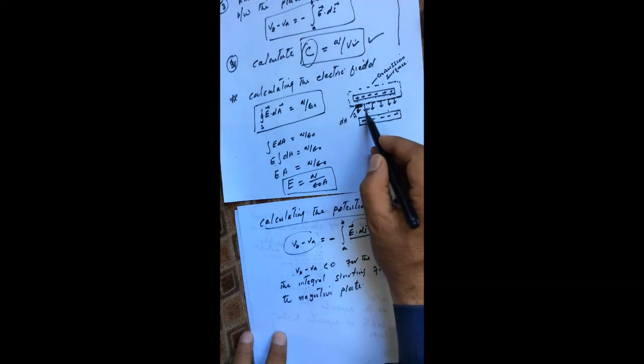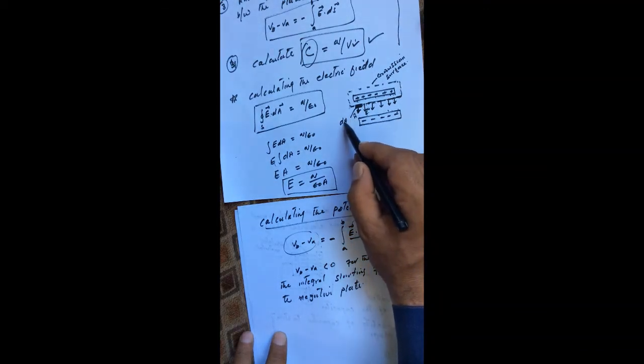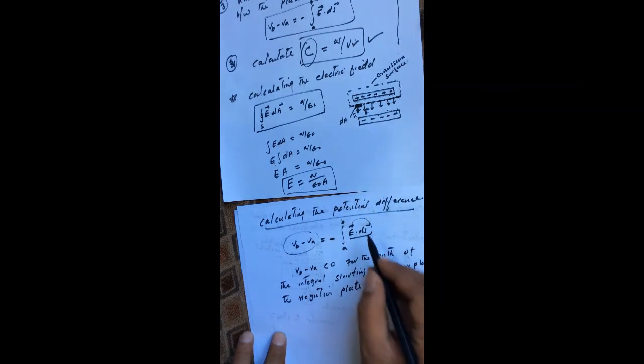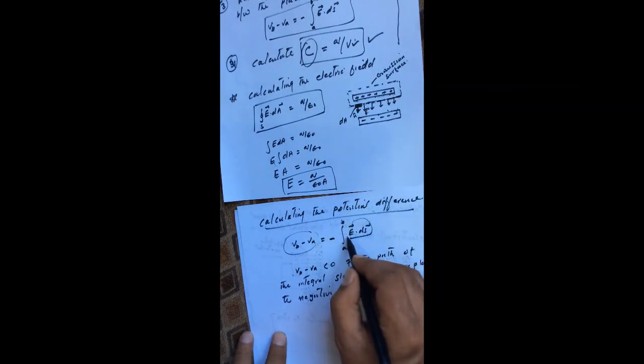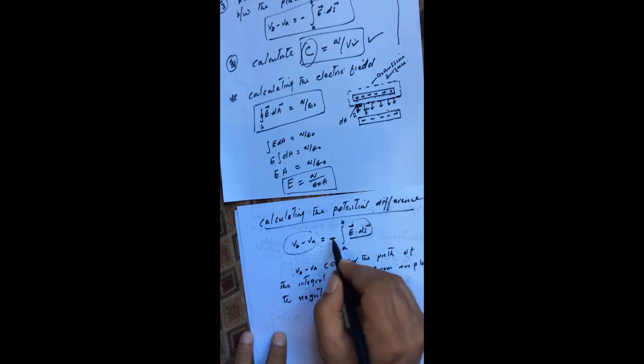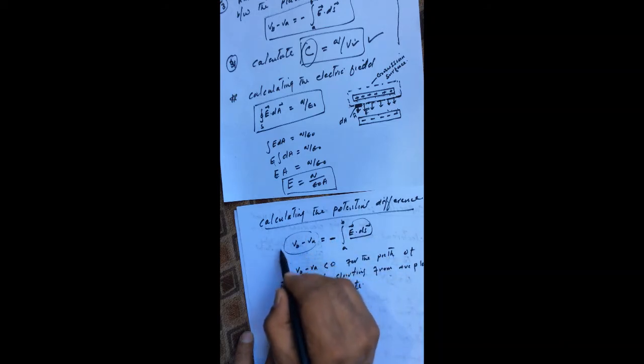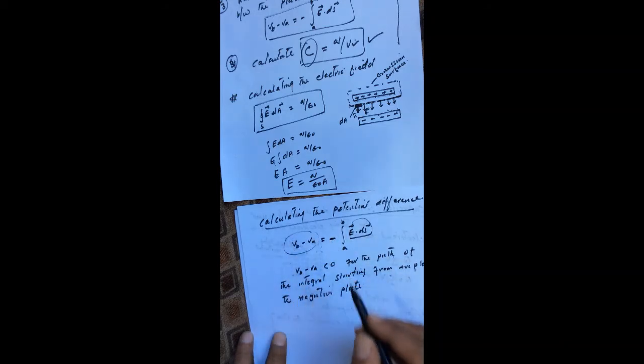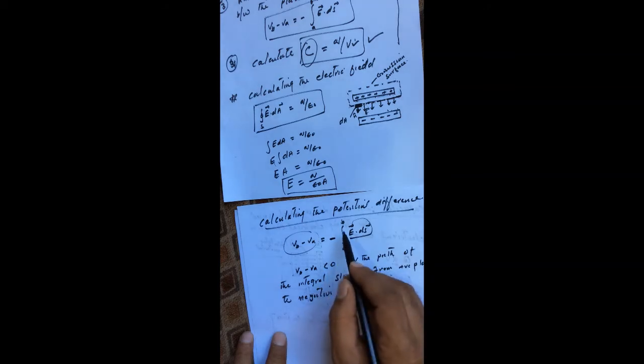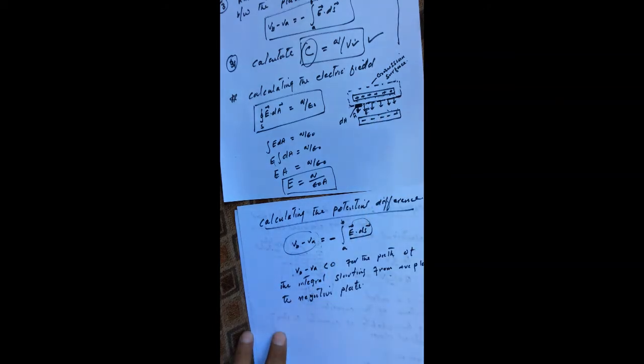Because the direction of the electric field E and the direction of ds are both parallel, this quantity will give us a positive number. If this is positive, then we have a negative sign, so as a whole this quantity is negative. So VB minus VA is always less than 0 if we move from positive to negative.